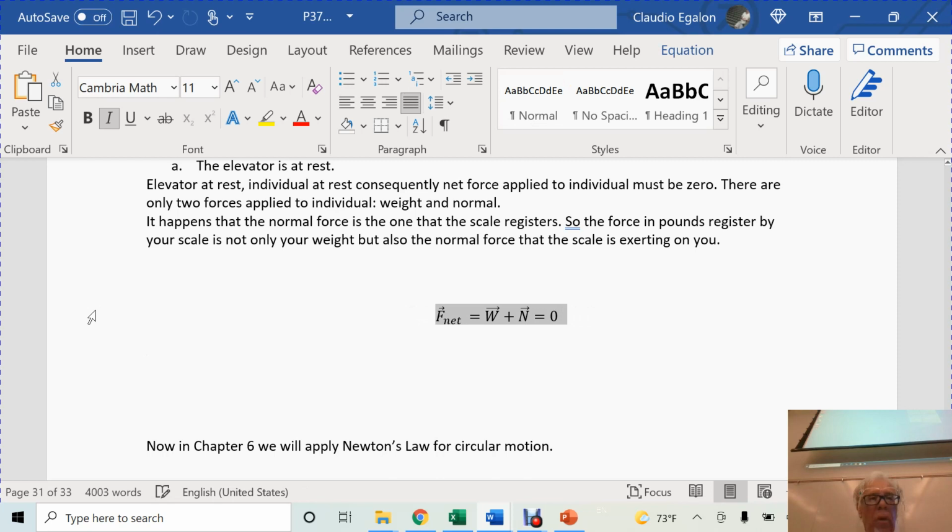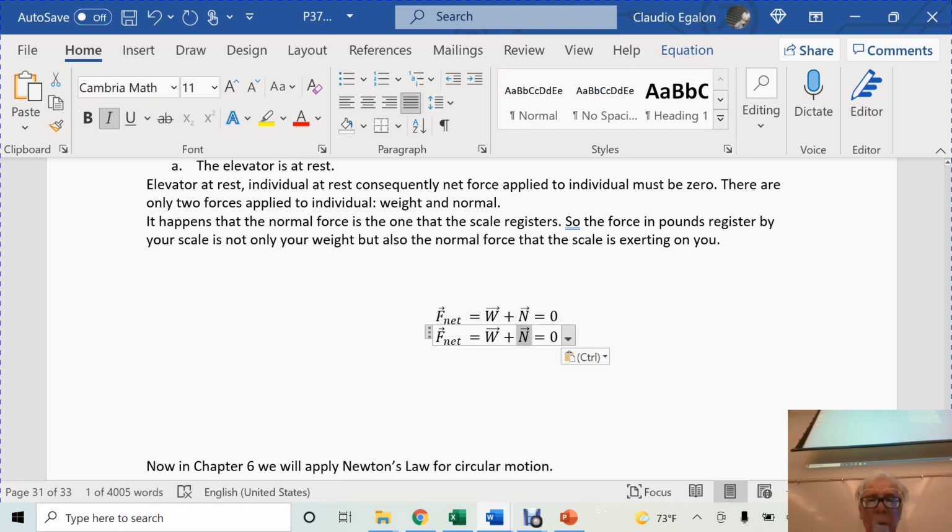The weight is going to be, you know what, I'm going to put this normal here on the left side. It's going to be minus the weight. Since the weight is downwards, the normal will have to be upwards. And the weight is mg.